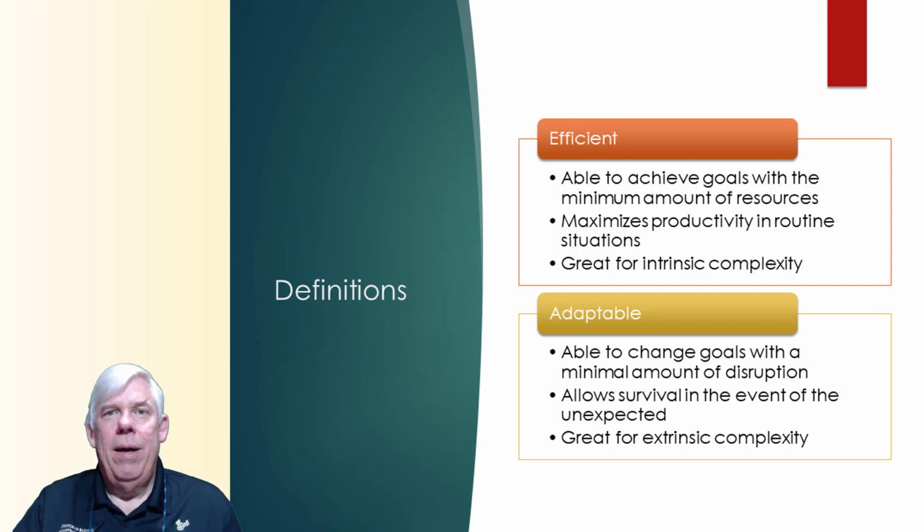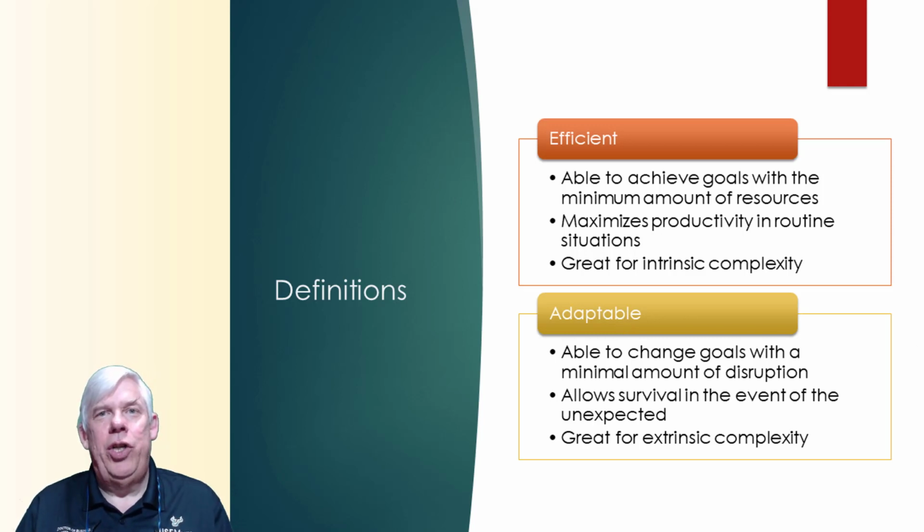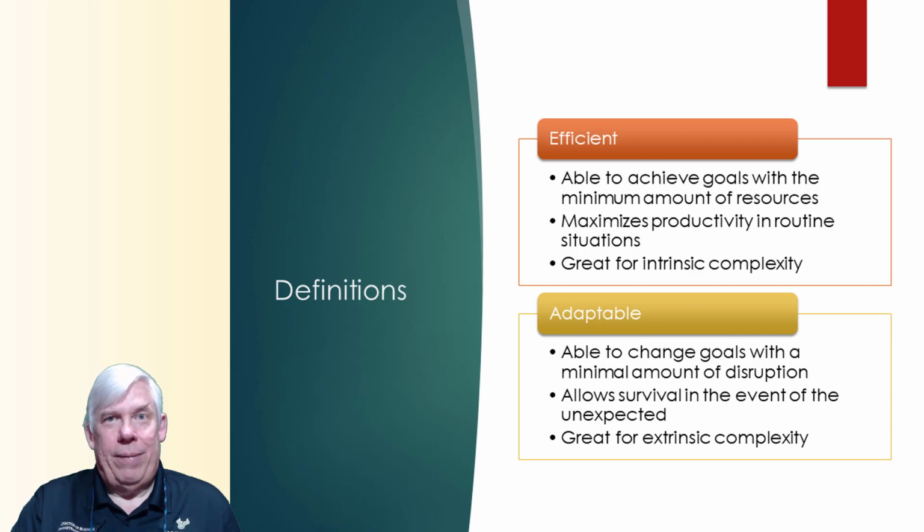for making profits and succeeding. Now, being adaptable involves the ability to change goals and change behaviors with a minimum amount of disruption. Being adaptable allows for survival in the event you have something large and unexpected occurring, but it's costly.